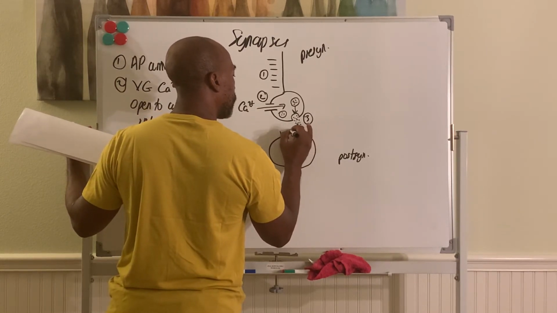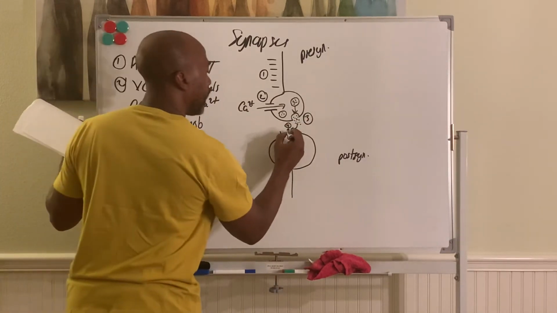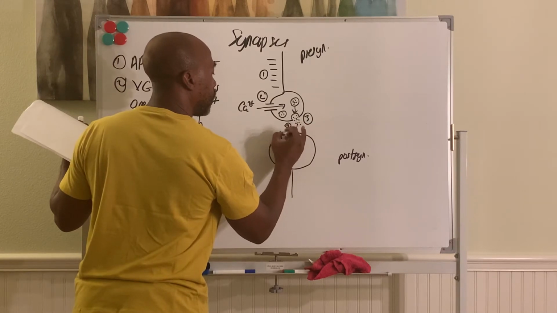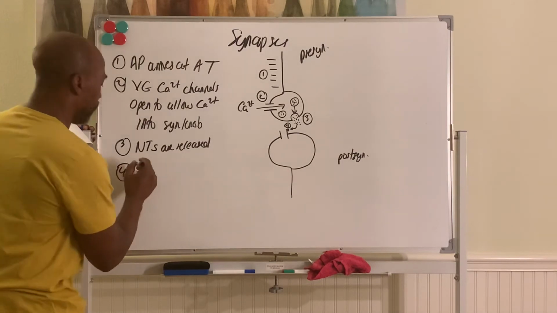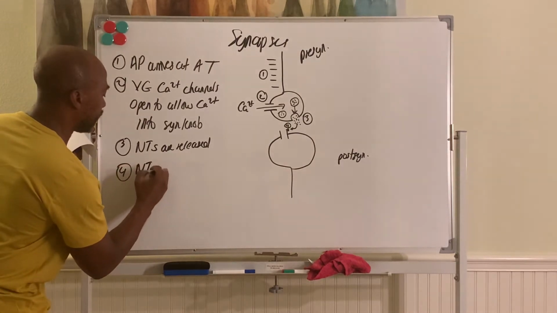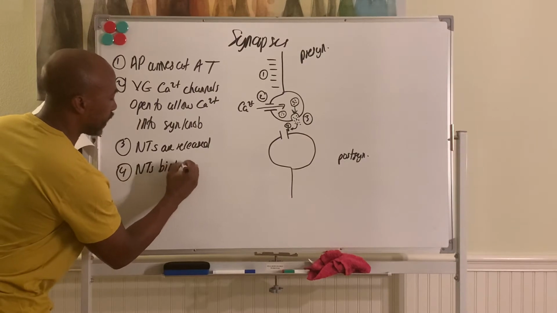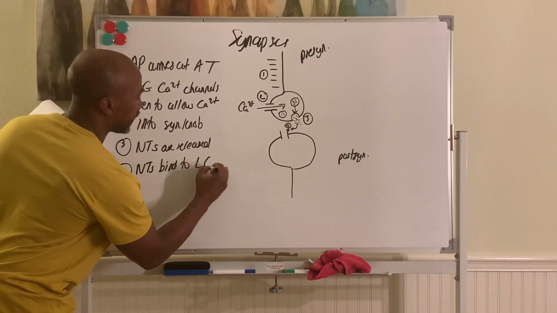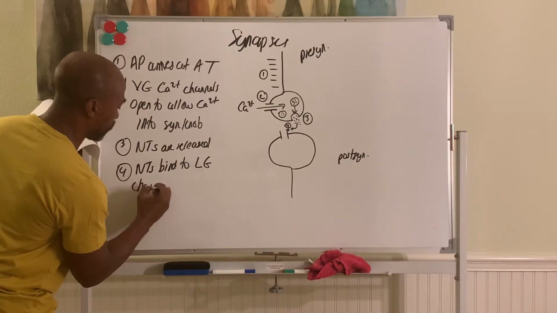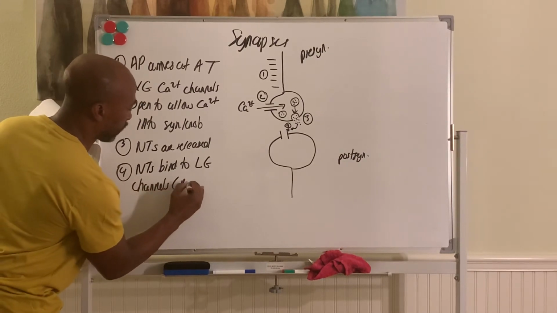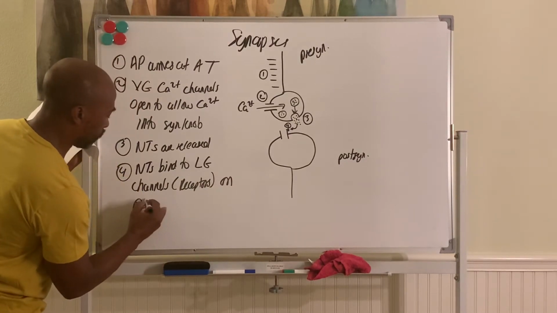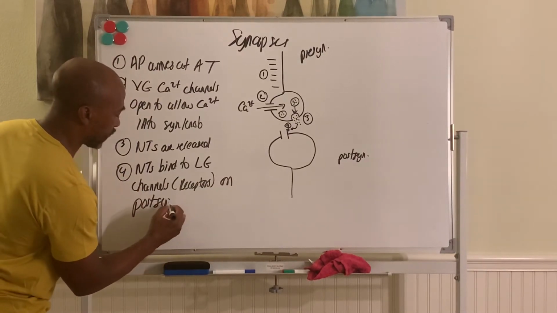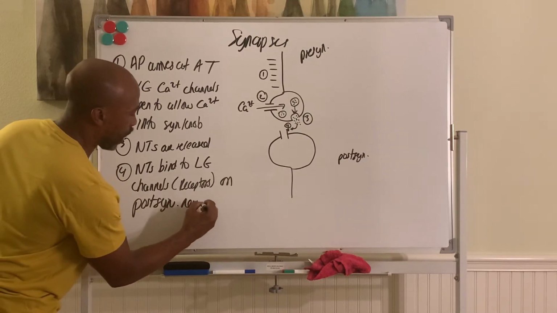is the NTs then bind. They bind to your receptors on the postsynaptic neuron. And these receptors are actually ligand-gated channels. So step four, NTs bind to ligand-gated channels, also called receptors, on the postsynaptic neuron.